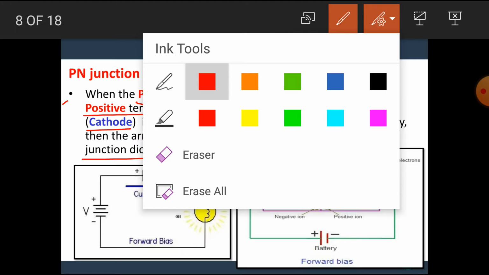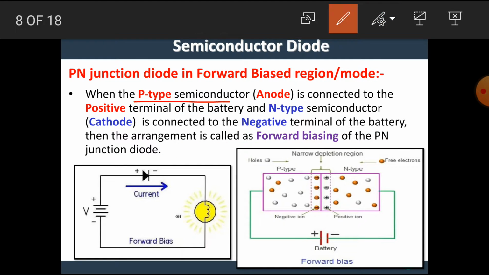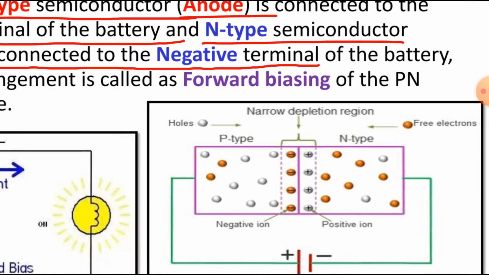Let's see once again. When the p-type semiconductor or anode is connected to the positive terminal of the battery and the n-type semiconductor or cathode is connected to the negative terminal of the battery, then the arrangement is called the forward biasing of the p-n junction diode.